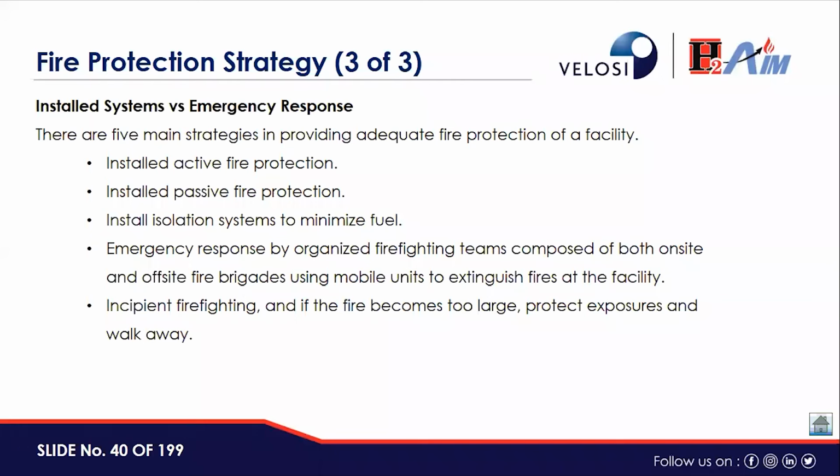And the third one is to install isolation systems to minimize the fuel. Emergency response by organized firefighting teams composed of both on-site and off-site fire brigades using mobile units to extinguish the fires at the facility. Incipient firefighting, and if the fire becomes too large, protect the exposures and walk away.